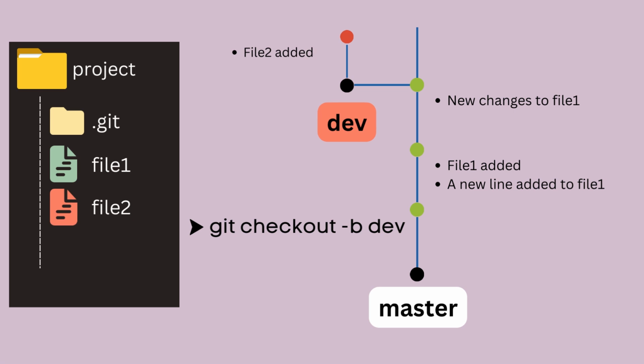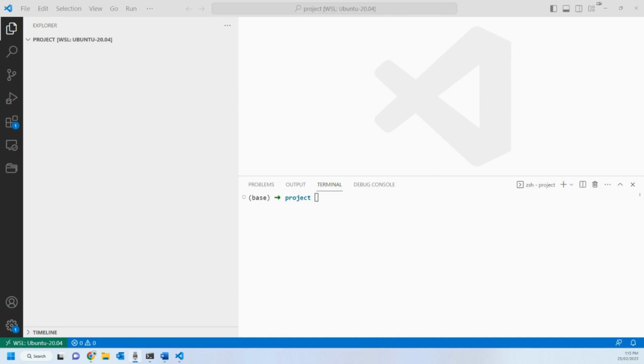So now that we have a basic understanding of how Git works, let's go ahead and play with this a bit. All right, now let's see what we've learned in action. For this exercise, I'm using VS Code, which is running on Windows Subsystem for Linux.